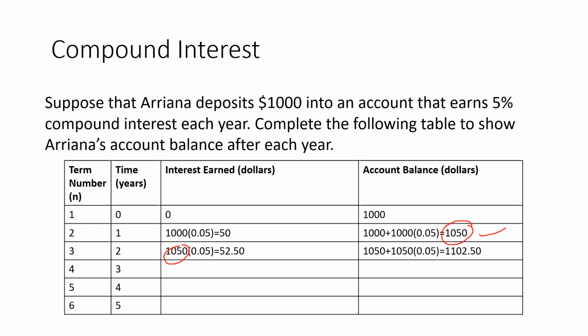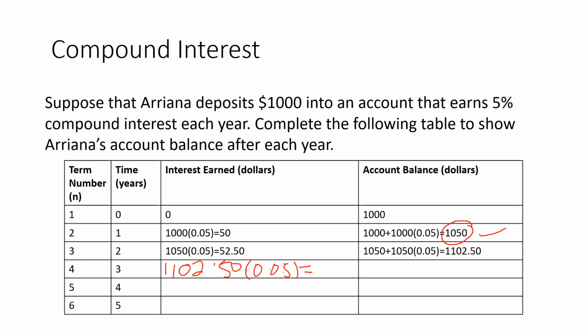Now you take 1,102.50 and multiply it by 0.05.